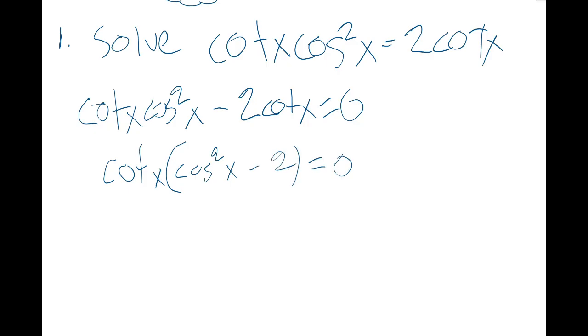Just like that. Now, just like a typical factoring equation, we want to find where each piece equals 0. So we want to find where cotangent x equals 0 and where cosine squared x minus 2 equals 0.